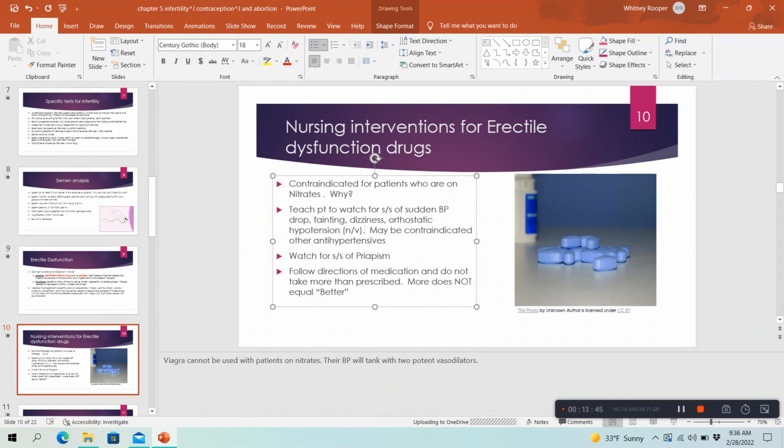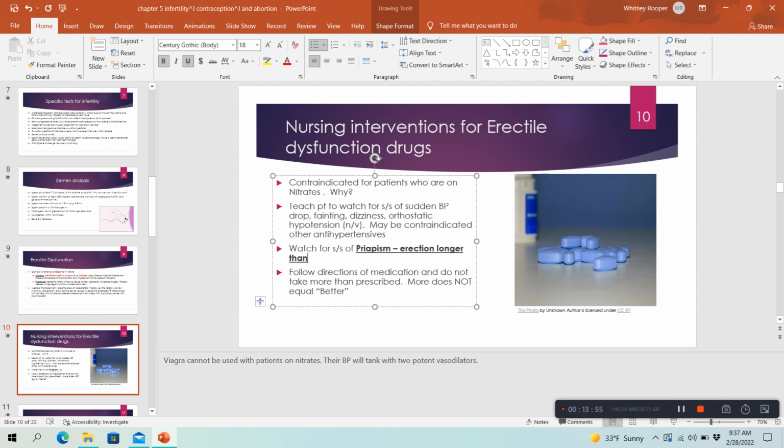Also, watch for signs and symptoms of priapism. Who knows what priapism is? Anybody know what that is? It's an erection longer than about 4 hours. On TV, the dreaded warning: seek medical treatment if you have an erection that lasts longer than 4 hours. That's priapism, and priapism can be life-threatening.